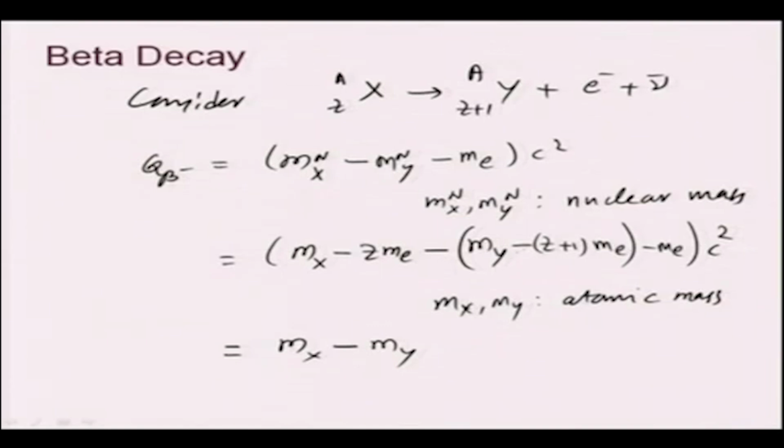So there is a plus m_e coming from here and a minus m_e coming from here from the electron, and therefore they actually cancel each other. There is no electron mass which will come in, it is only the atomic masses of the two nuclei, the parent and the daughter nuclei. The difference of that is the Q factor for this one.